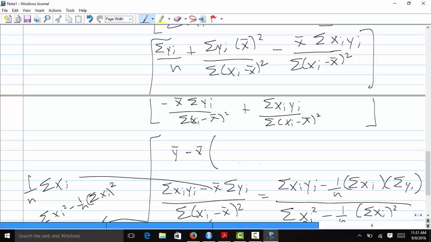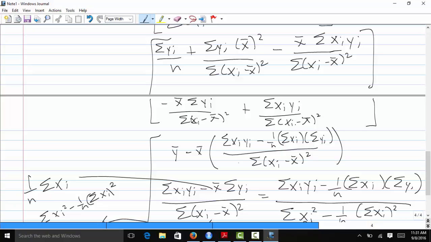And so I have y bar minus x bar times the sum of xi yi minus 1 over n times the sum of the x's times the sum of the y's, over the sum of xi minus x bar quantity squared.